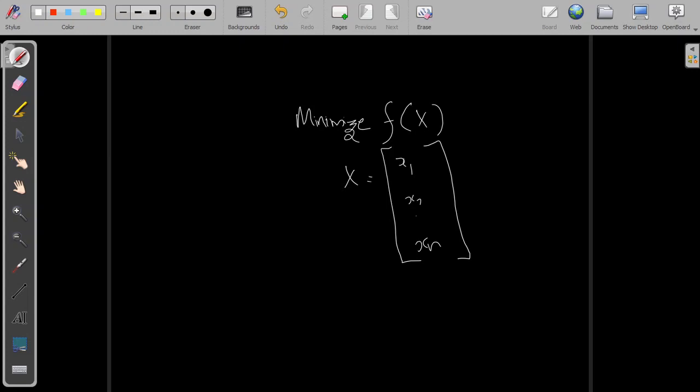For example, if n equal to 2, then we have x1, x2. Then we have two directions, that means the x1 direction and the x2 direction.